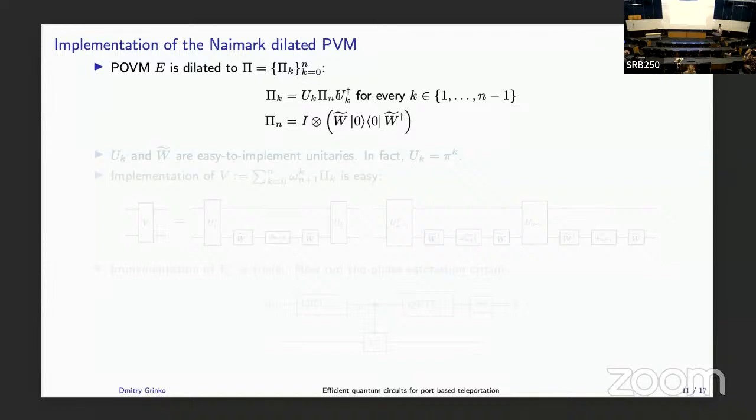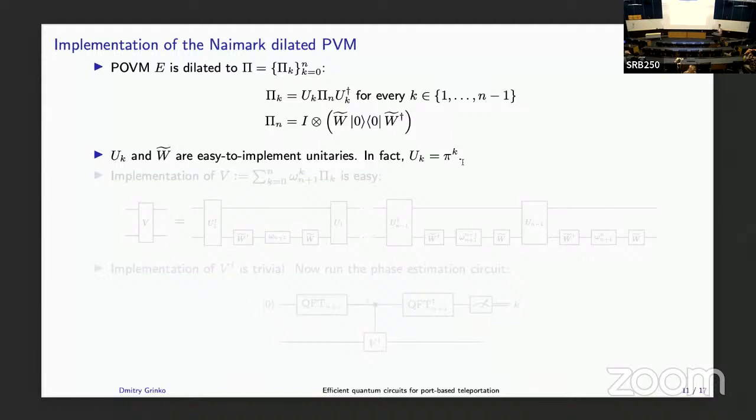This pi has this form, where this pi n is an IMARC dilation of this effect. And we have unitaries which you see here, this U_k and W tilde, which are actually easy to implement unitaries. In fact, this U_k, for example, is just a cyclic shift to the power k.